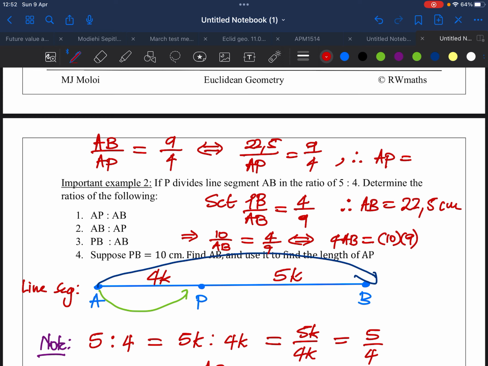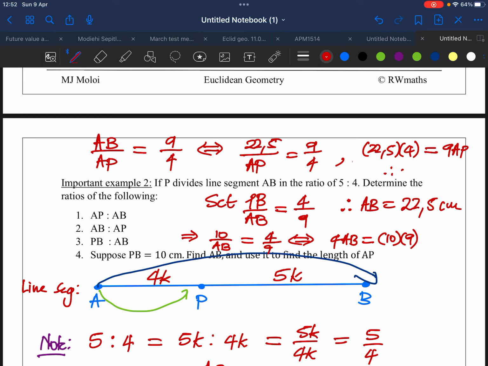Let me just do it, because by inspection it will be wrong. So you'll have 22,5 times 4 equivalent to 9 AP.